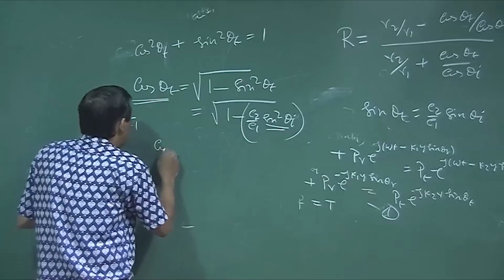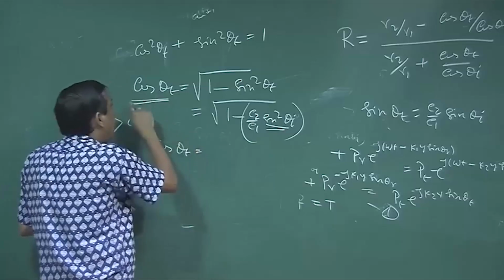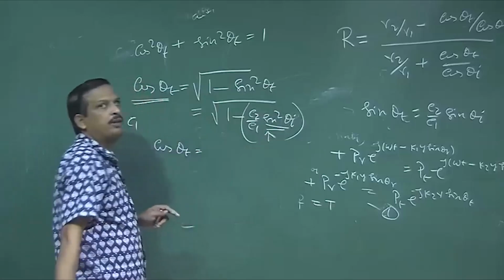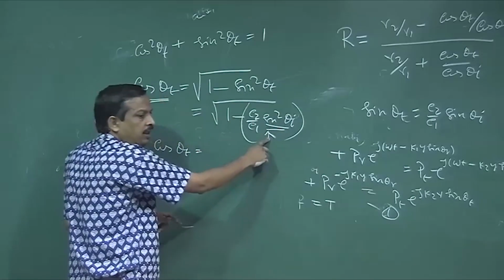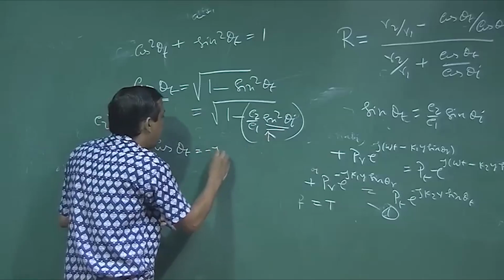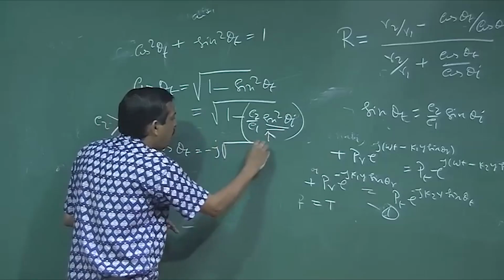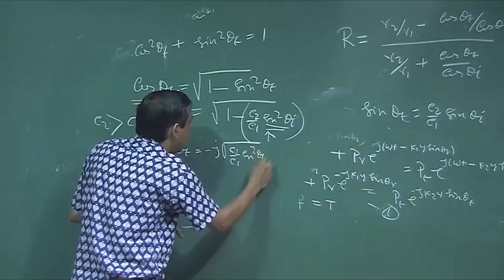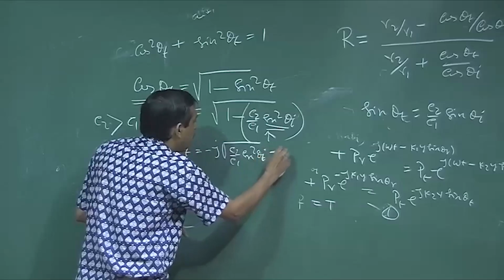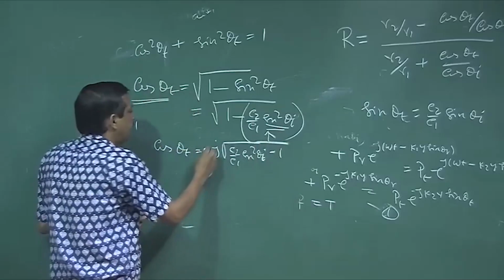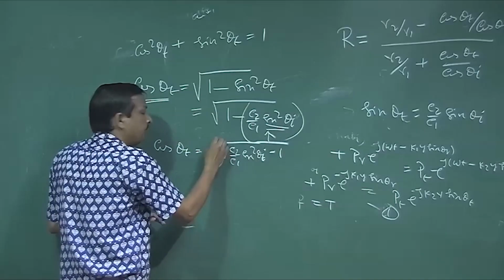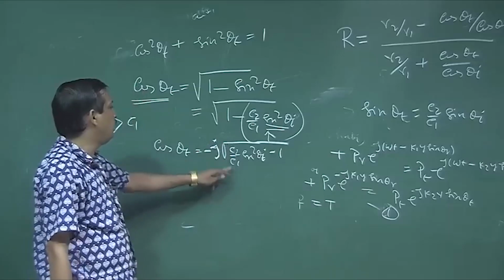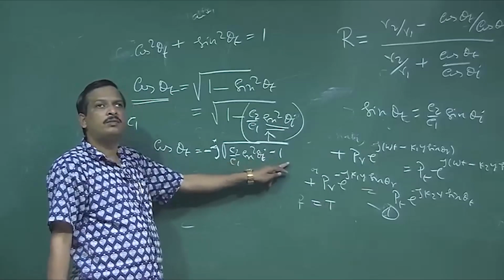So, the angle of incidence is greater than the critical angle such that this becomes greater than 1. Okay. So, if it is greater than 1, then cos theta t is nothing but minus j root over of C2 by C1 sin square theta I minus 1. I can write it this way.